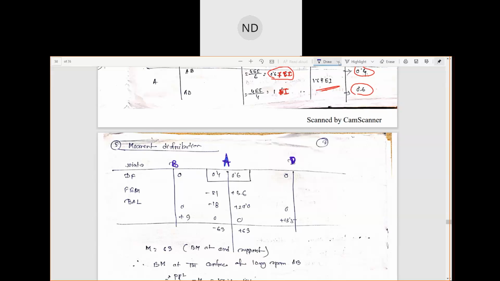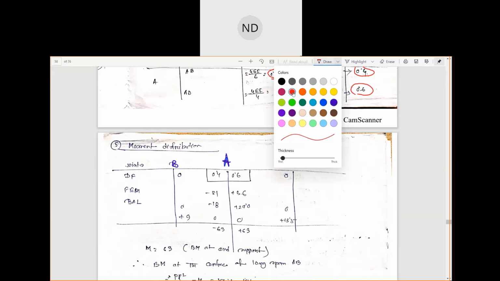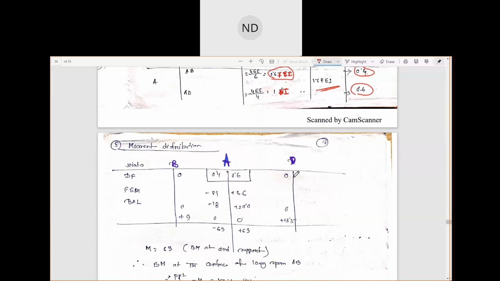For the balancing, minus 81 was for AB, the fixed end moment, and AD was 36. Now you have to do minus 81 plus 36, and that will give you your balance here, which is 45.